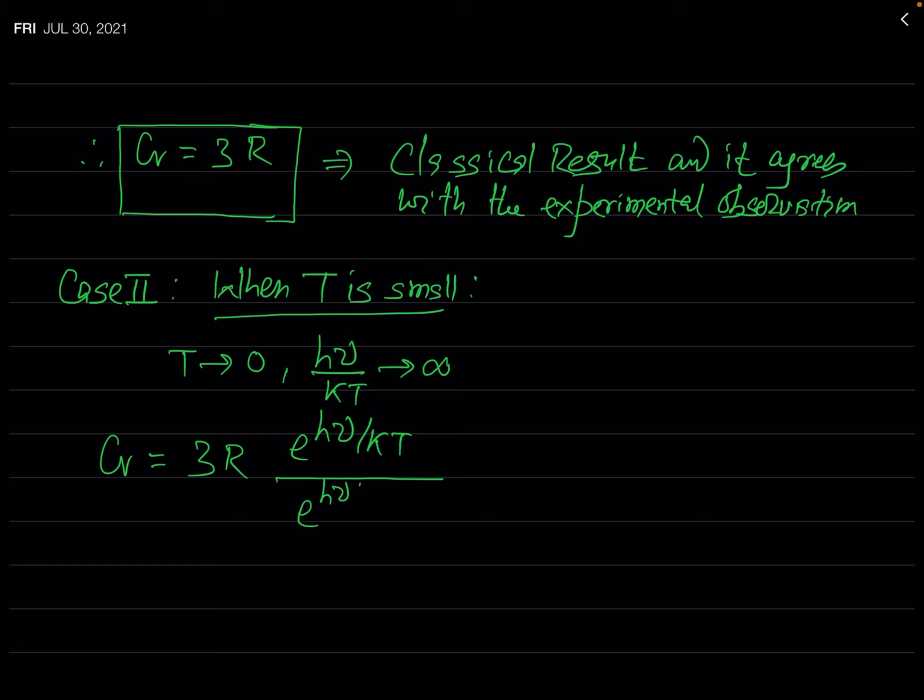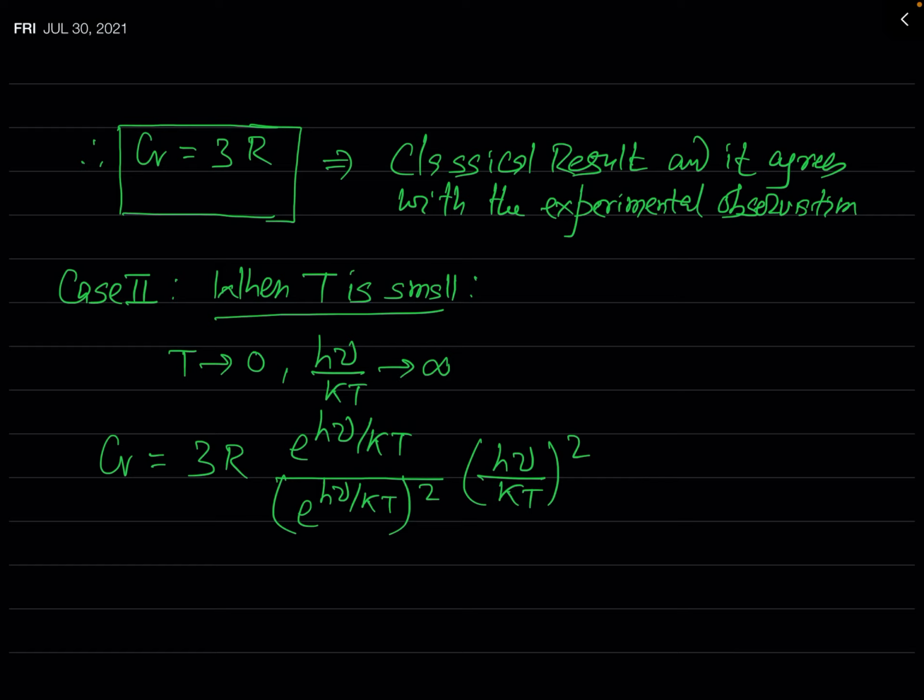So this is (e to the power hν/kT) whole square, 1 has been neglected, and times (hν/kT) whole square.